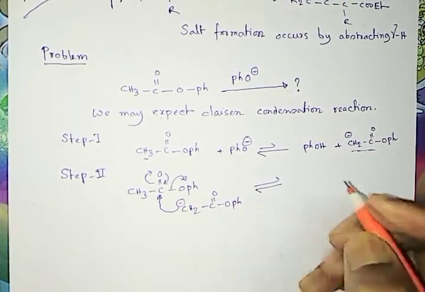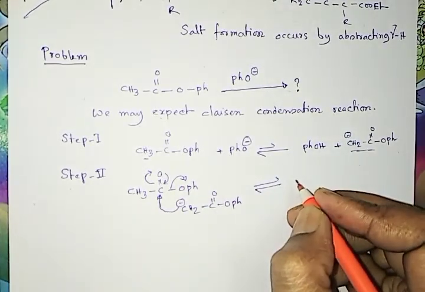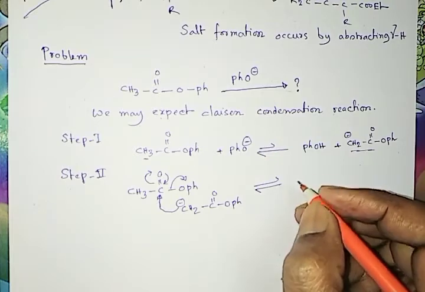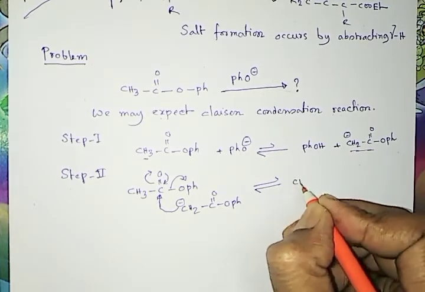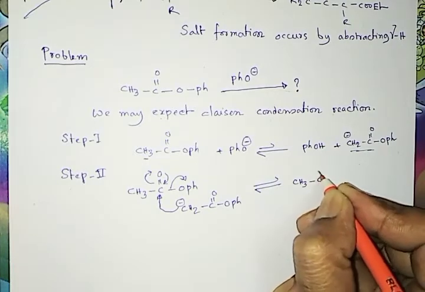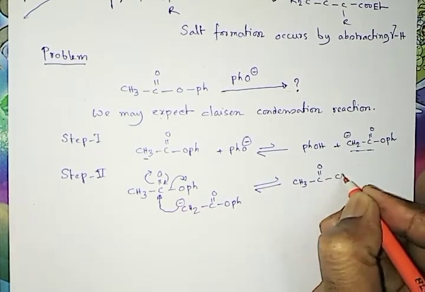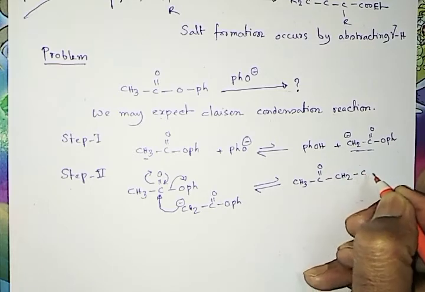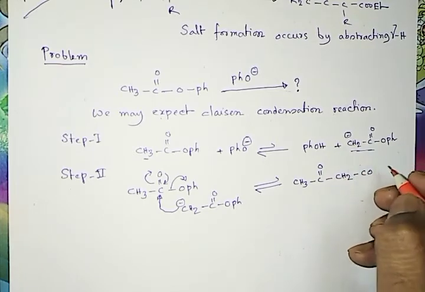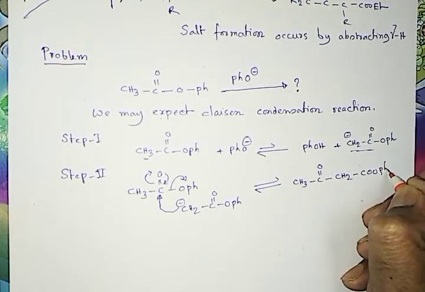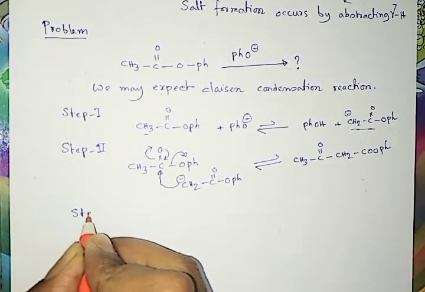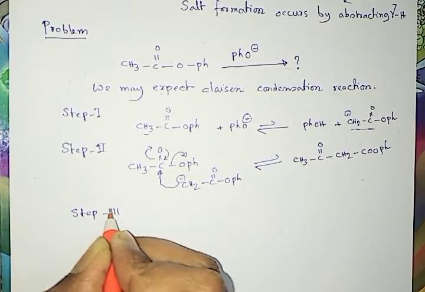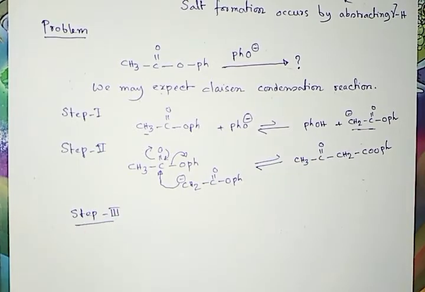This reaction will remain completely reversible as the energy barrier is very high and the stability on both sides is almost very similar. Alright, now the important step is the salt formation step.